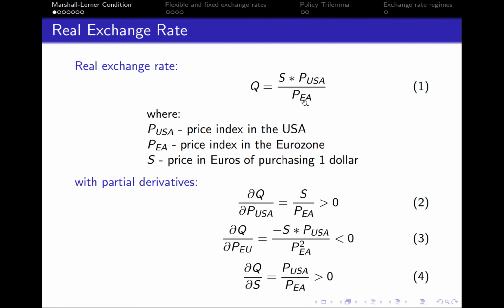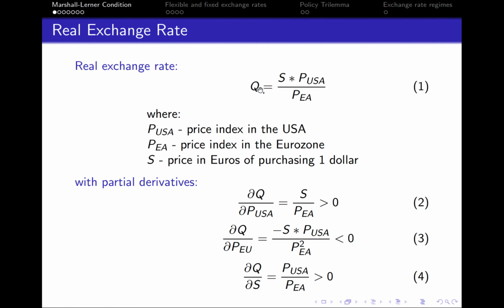As you remember, this expression is actually giving us relative competitiveness of two economies. What we do over here is merely comparing the price levels in two areas. But of course, because price level in US is expressed in dollars, we needed to use nominal exchange rates to change price level in United States into euros.